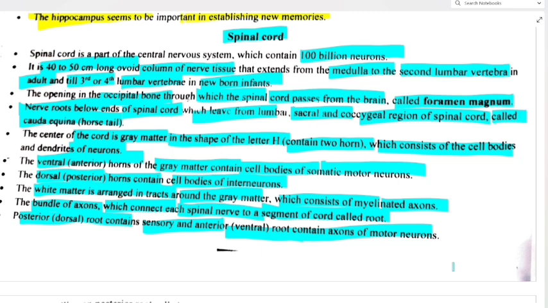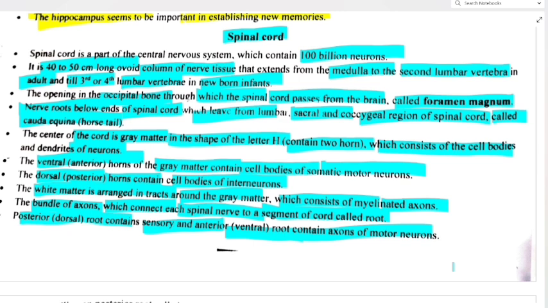So let's see once again. The white matter is arranged in tracts around the grey matter which consists of myelinated axons. As I told you earlier, white matter is made up of myelinated axons, okay, and grey matter is made by cell bodies. Around grey matter, white matter is arranged.